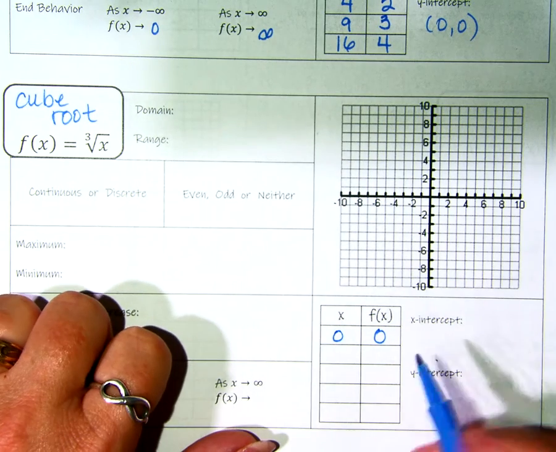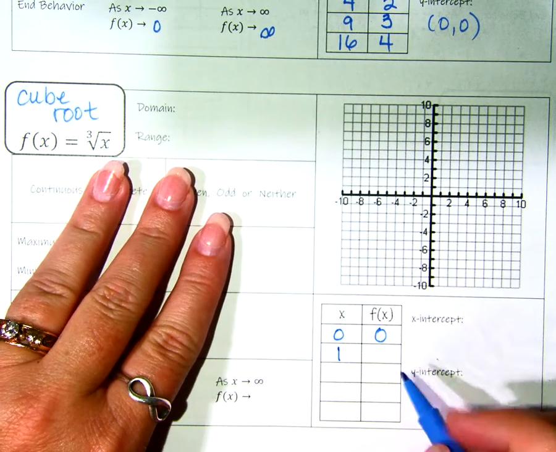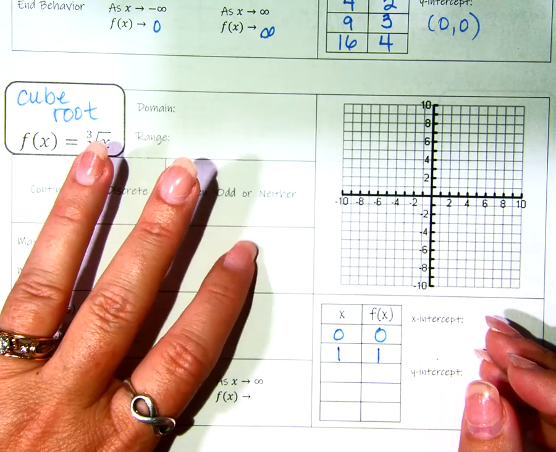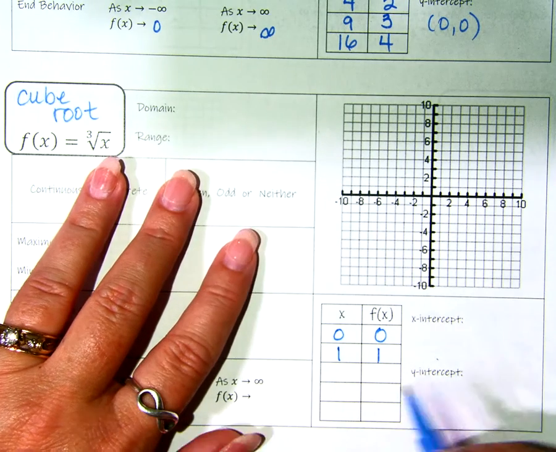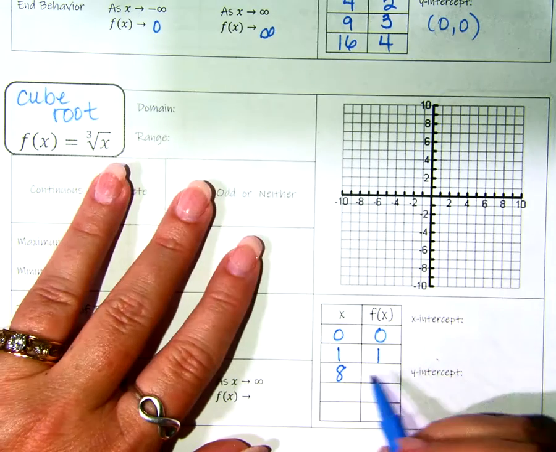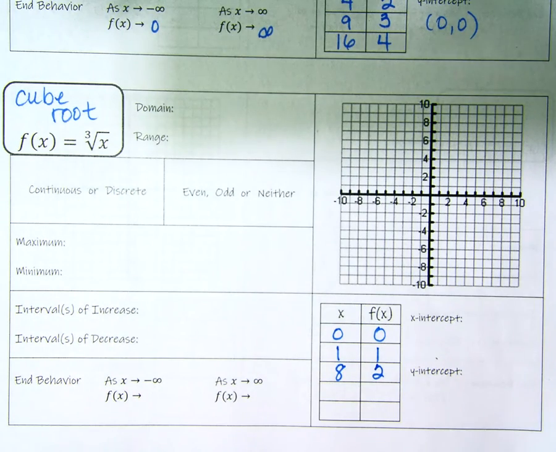We could do 1. What times what equals 1? 1. Eight. We could do 8. What times what equals 8? 2. Now, could you do a number like 2 or 5? You could, but again, those would be decimals, right? And we're trying to pick numbers that we know for sure. Yes, ma'am.